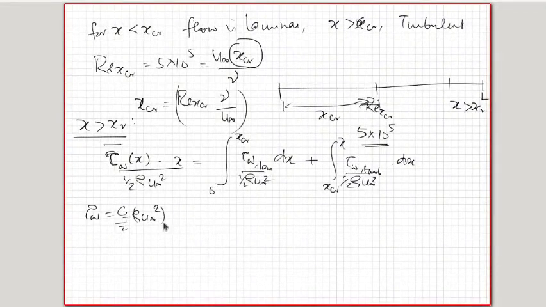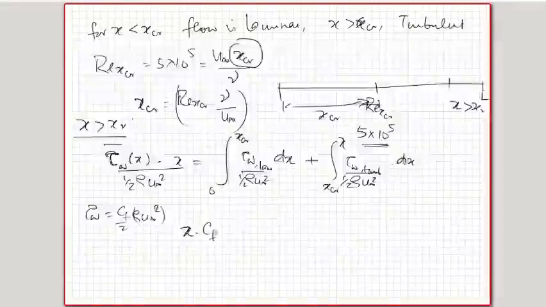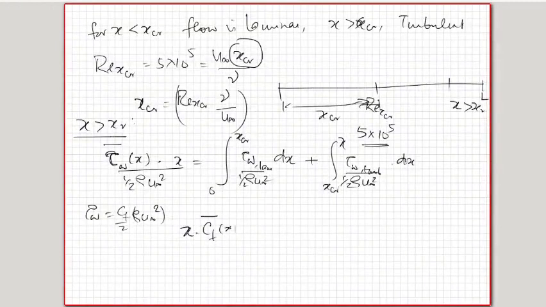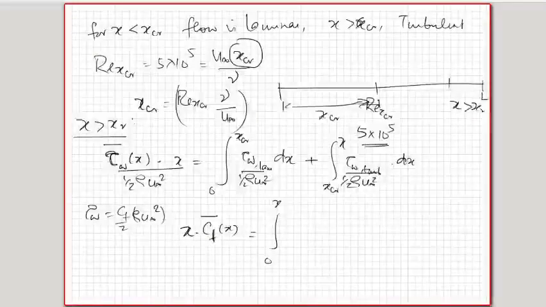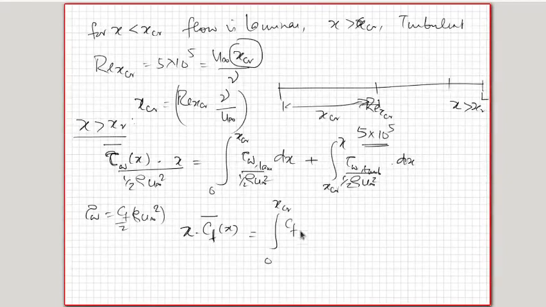Then on the left hand side it will be X times Cf bar at any X. So this is the average skin friction coefficient for the region between x equal to 0 and any x which is greater than the critical x. This will be equal to the integral from 0 to x critical of Cf laminar dx plus the integral from x critical to x of Cf turbulent dx.